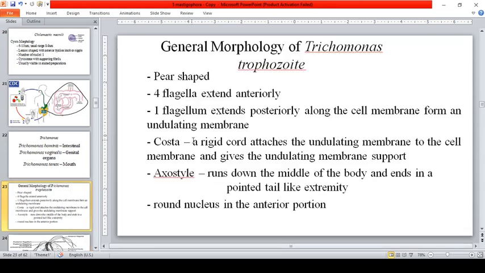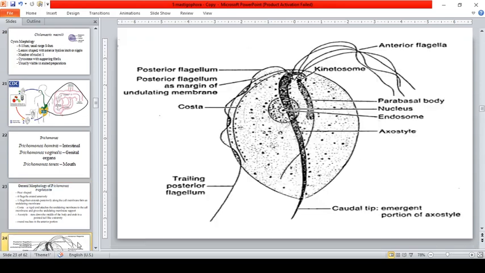One flagellum extends posteriorly along the cell membrane, which forms an undulating membrane. So it has an undulating membrane, right? The posterior flagellum is the margin of the undulating membrane.